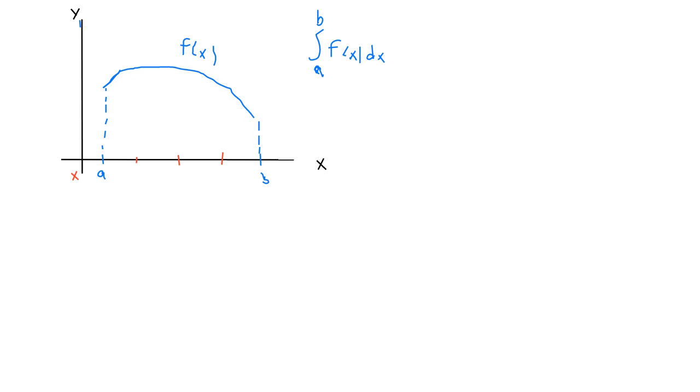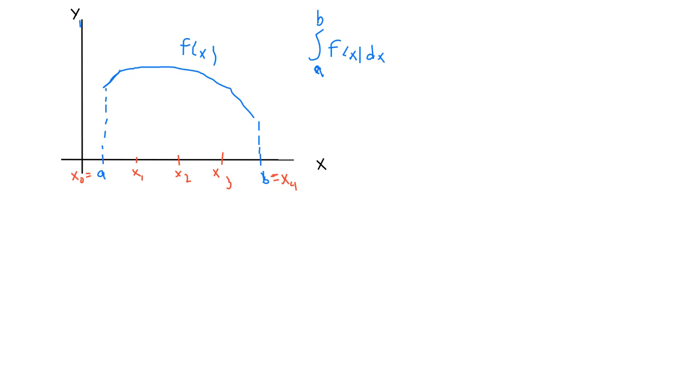So x sub 0 would be equal to A. Here's x sub 1, here's x sub 2, here's x sub 3, and then B I would call x sub 4. Now naturally, if we wanted a good approximation, we'd have to take more subintervals. But for just teaching purposes, we could go with 4 subintervals.